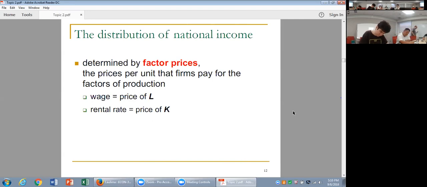Just like there are two categories of inputs, there are two sources of income. You either get income because you are fortunate enough to own capital, or you earn income because you have to be a worker.